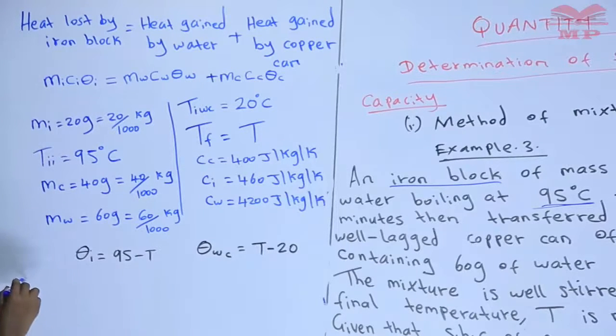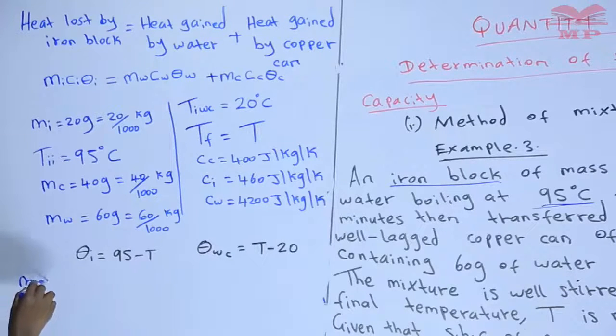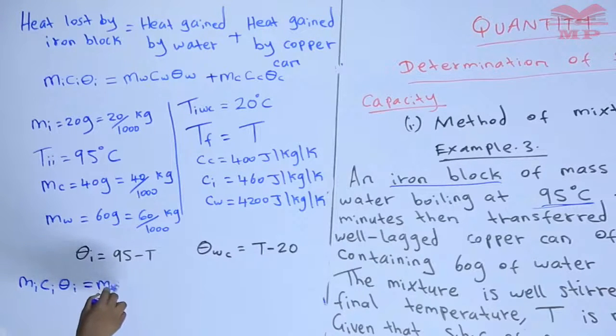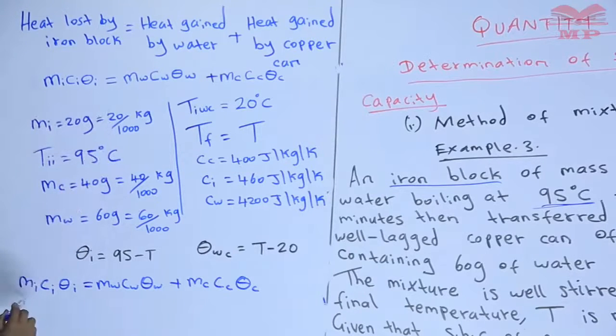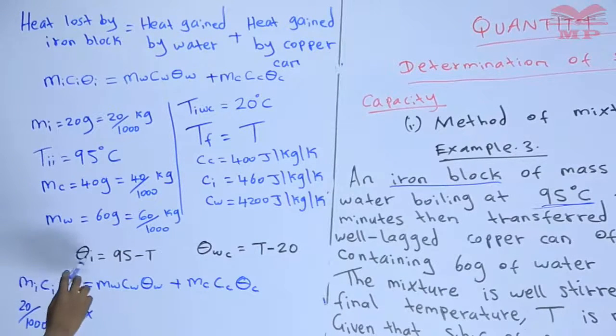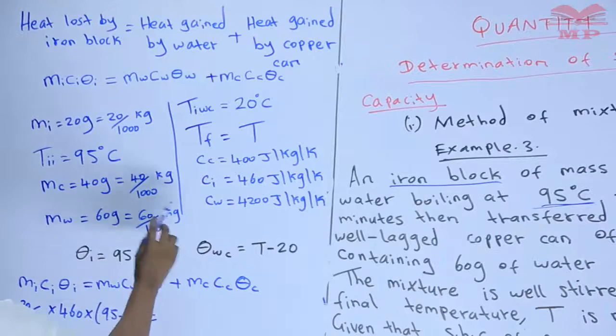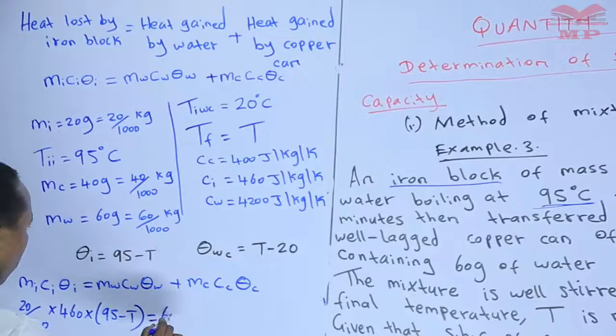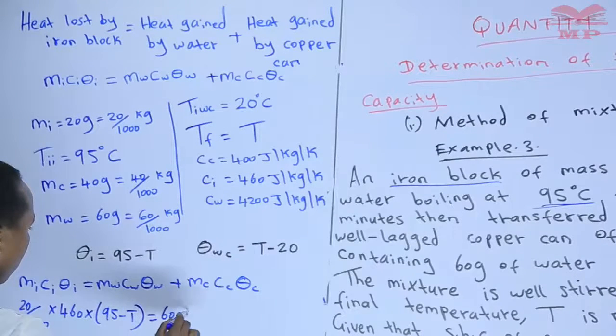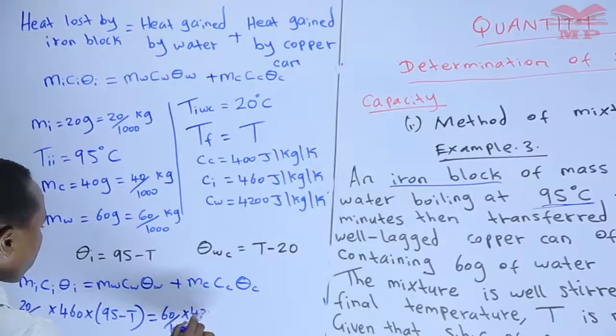We have here our formula, mass of the iron times specific heat capacity times change in temperature. We can write it here. Good. So mass of the iron, 20 all over 1,000. Specific heat capacity, 460. Change in temperature for iron is 95 minus T. So that is equal to mass of water. Mass of water is 60 over 1,000 times specific heat capacity of water.